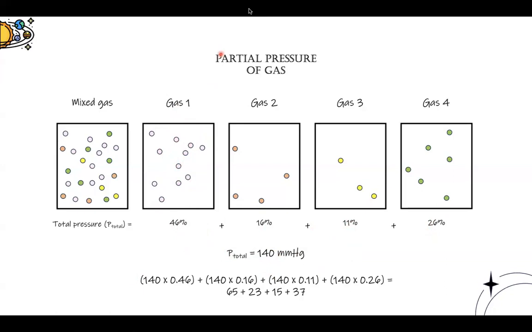So can somebody give me the answer? Yeah, so you multiply 140 by 46% or 0.46. And you'll get 65.